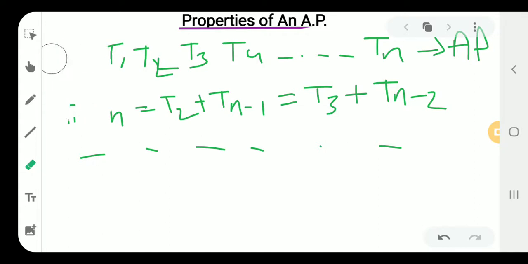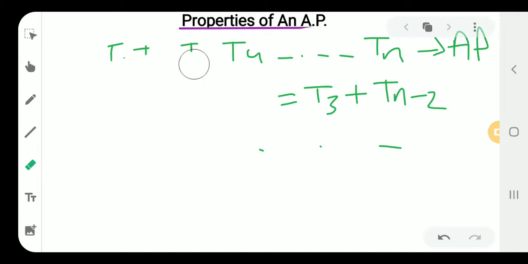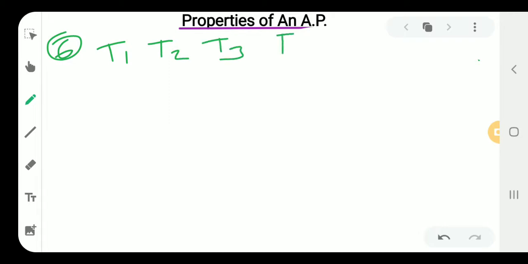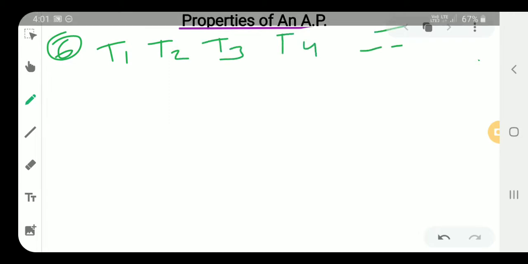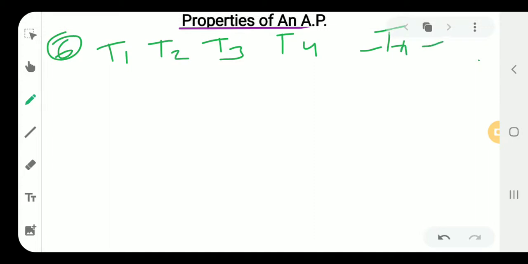Then we will go to our next property, that is the sixth and the last property. Let T1, T2, T3, T4 until Tn be in AP.